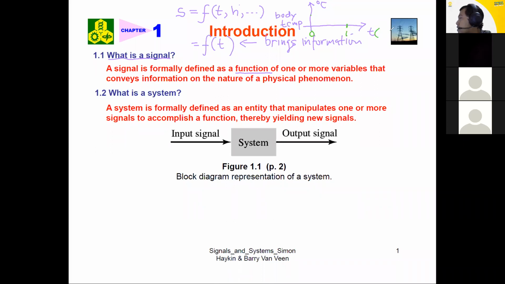The unit of time is minute. I hope you are all in healthy condition. So 36.6, for example, and maybe you continue the measurement, something like this.